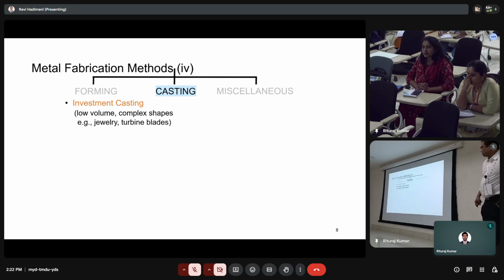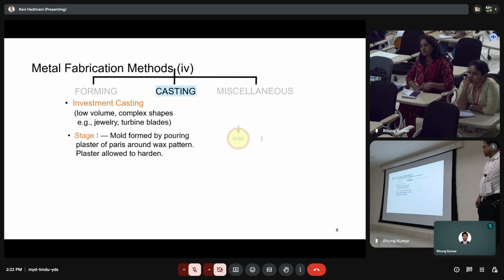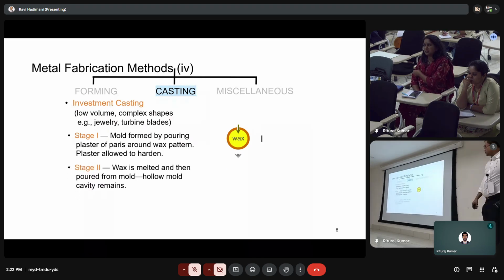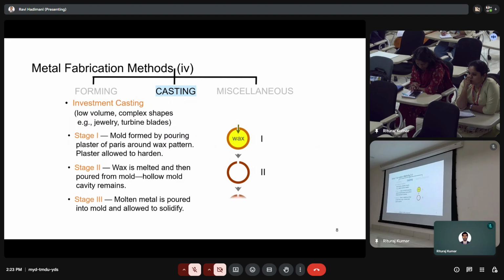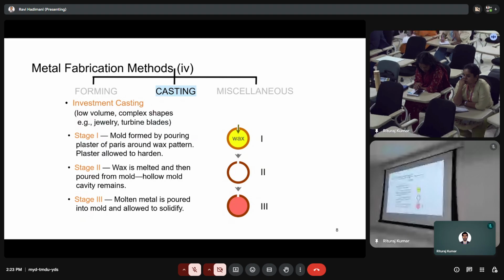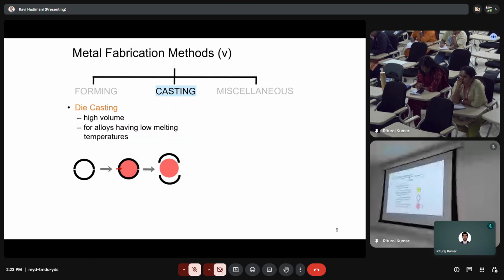Then there is investment casting, which uses wax. There are different stages. Again, it's straightforward: you have a die, you fill it with wax, then you get a mold, and you fill that with molten metal. So you get the shape that you want.